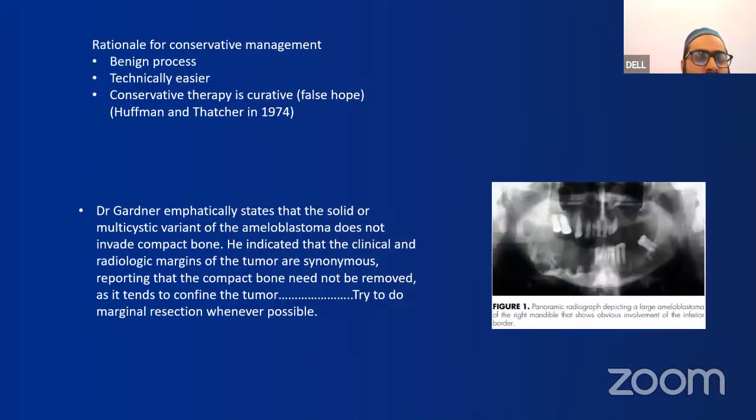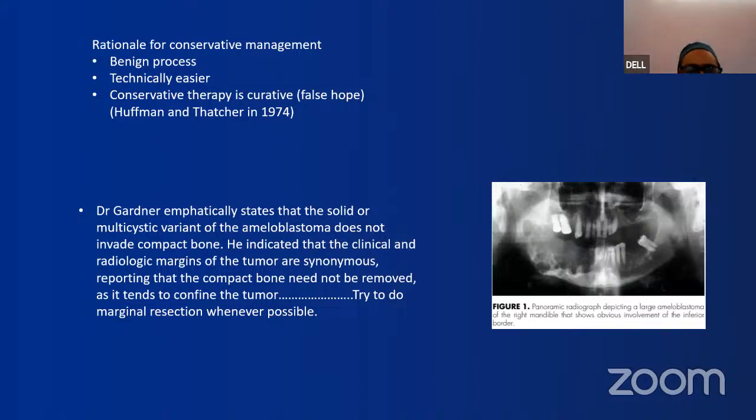And this confusion was further increased once Dr. Gardner published his paper on the behavior of ameloblastoma, where he stated that the solid or multicystic variant does not invade the compact bone. He indicated that the clinical or radiologic margins of the tumor are synonymous, which we know today they are not.